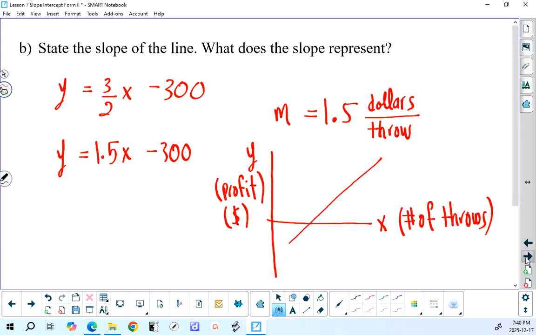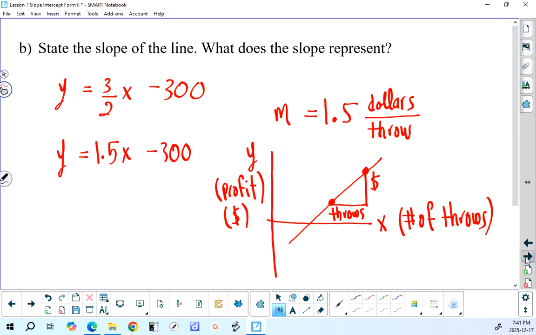We just did it by looking at an equation, but somebody could make a graph of this, and we'll get back to the graph later, and take 2 points and determine a rise and a run, but they're going to be dividing an amount of money by a number of throws. And that's why the slope has dollars per throw as units, is what we would say.